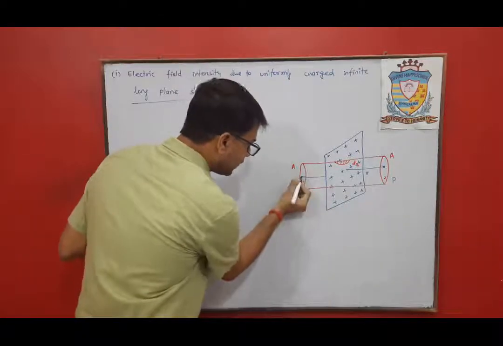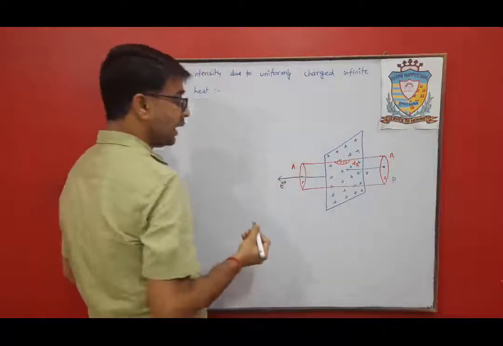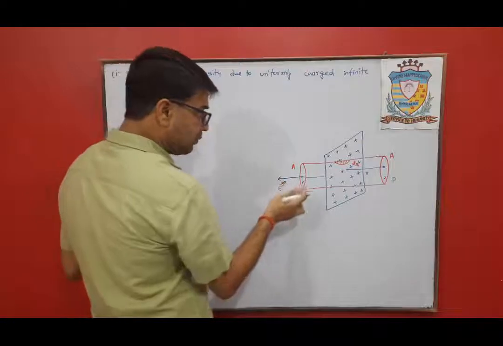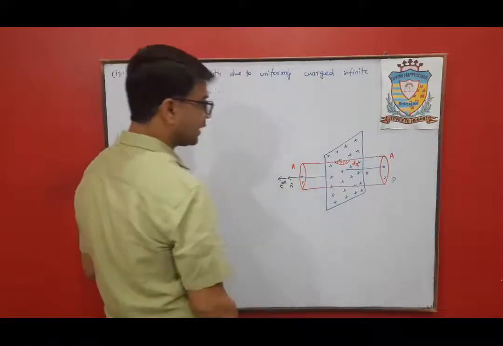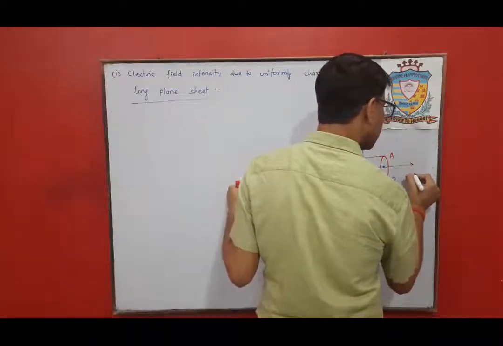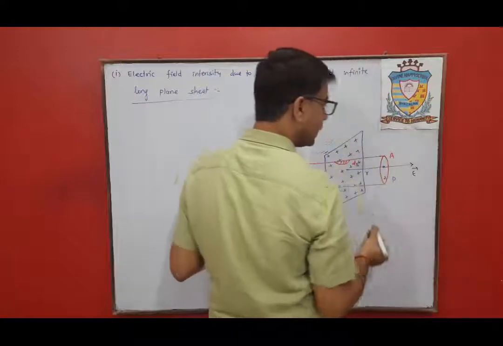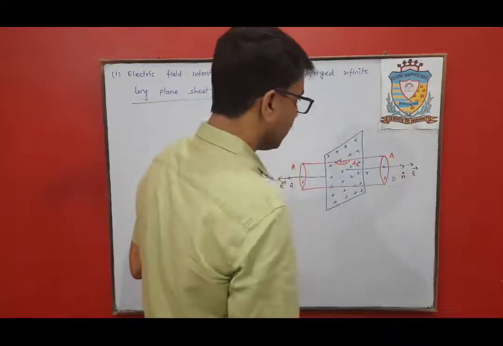If this is the direction of electric field intensity that we have already discussed, then for area 1, this will be the direction of area vector.